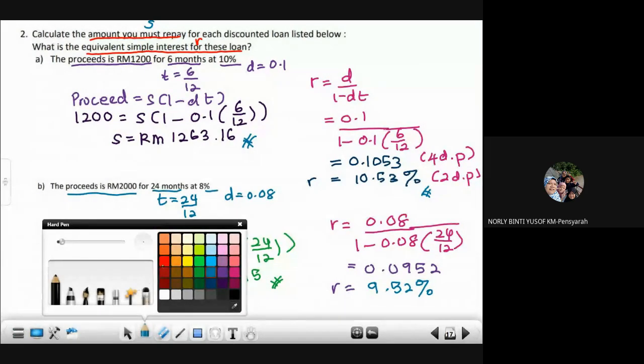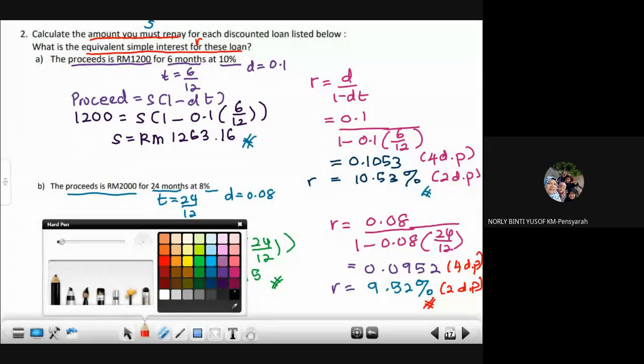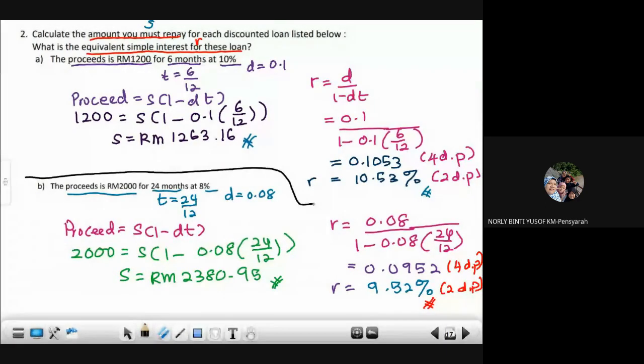So sangat penting lah untuk memberi R tu dalam 4 decimal places, so that your answers for percentage R is correct. Okay, itu untuk kira soalan 2. Okay, then kita pergi pada last question in 7.2.